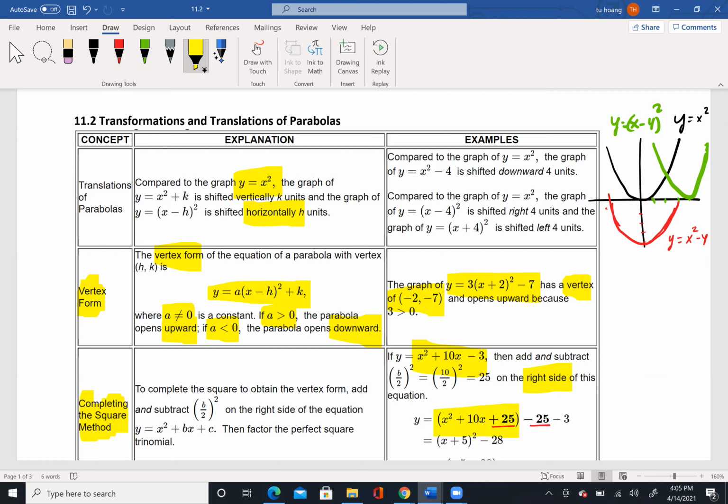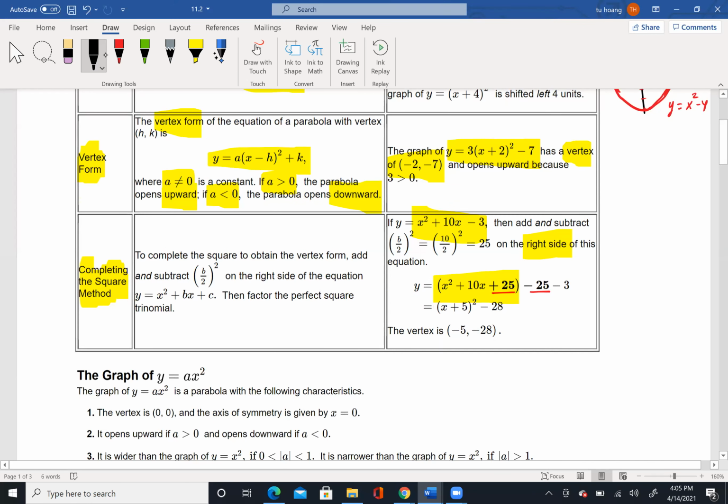This one becomes just x plus 5, squared. And then I subtract 28 as k. And then I have the vertex in here going to be (-5, -28).